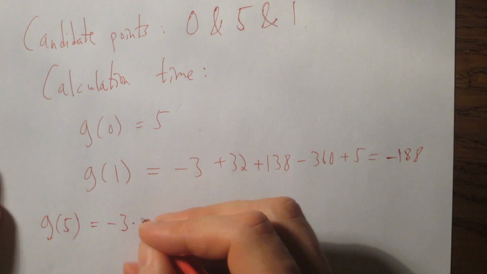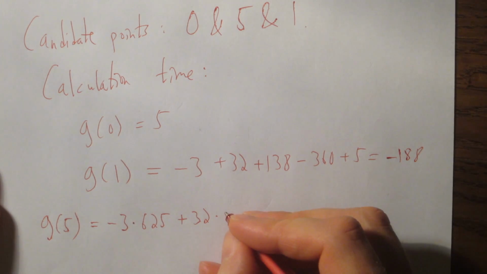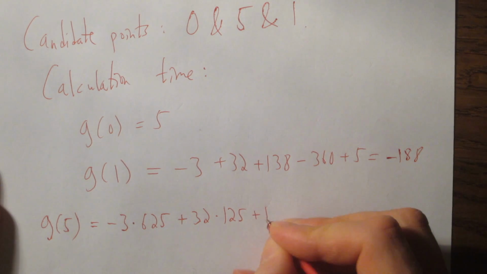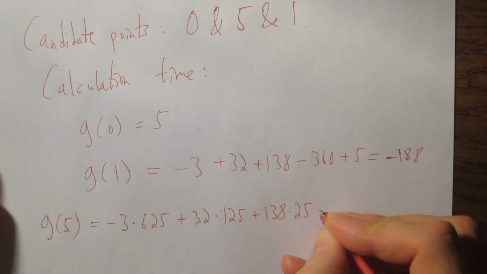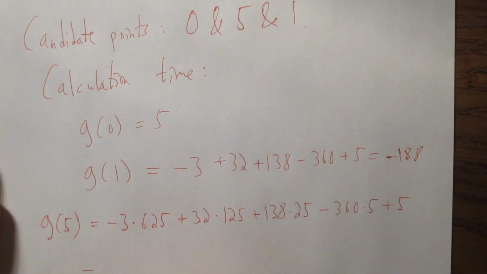Okay, so you plug in 5 into the original function g, and we are going to get some nice exercise in mental arithmetic.